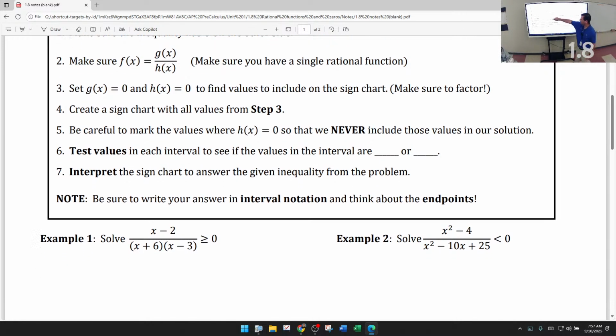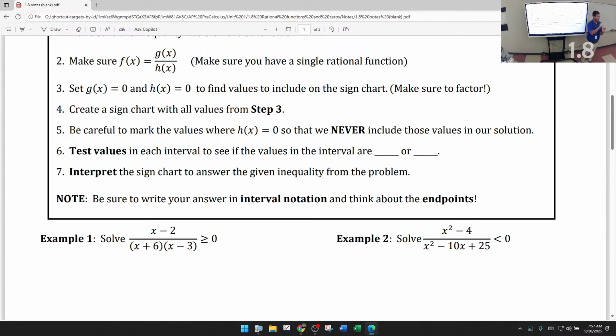We're going to create the sign chart from step 3. It doesn't have to be equidistant. You can put 1 here and 2 here and 8 here. Doesn't matter. Be careful to mark values where it's equal to 0. We never include those. h of x is the bottom, so put a little star, put a little something right there. You never want to include those in the denominator.